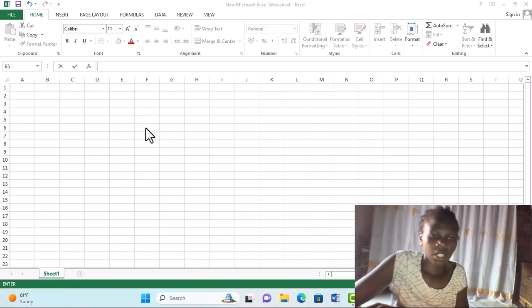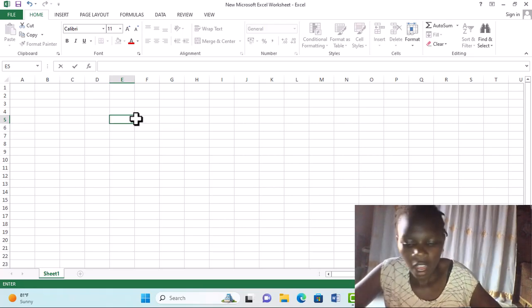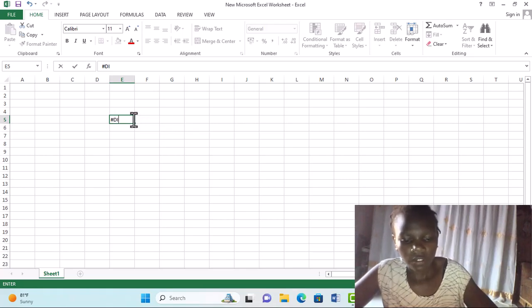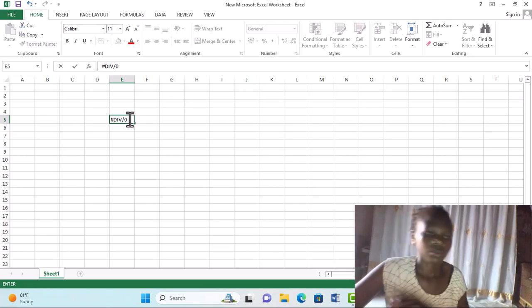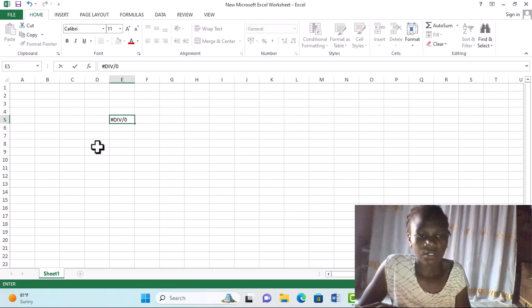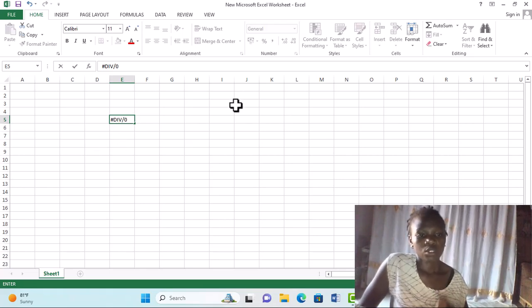So there is another one that we can talk about, that is hash div slash 0. For this error, it means that you are trying to divide a number by 0, and when we are computing, there is no number that you can divide by 0 and get an answer.